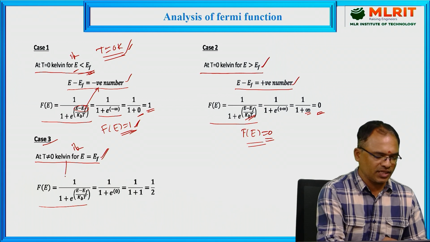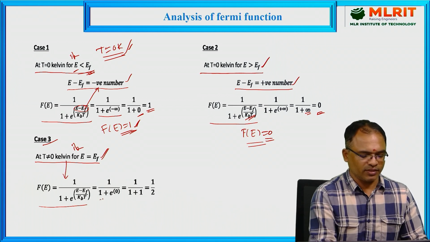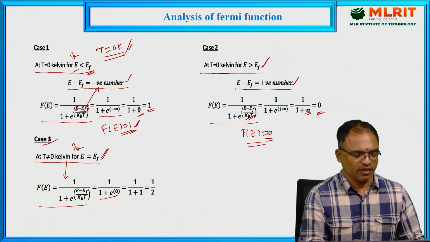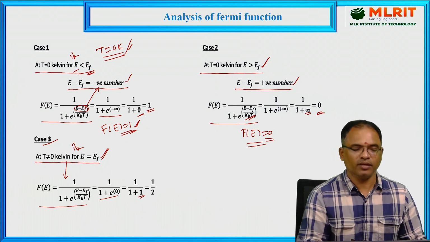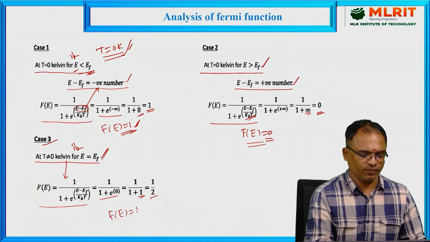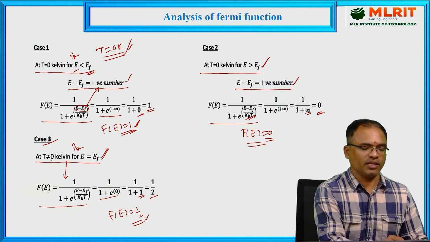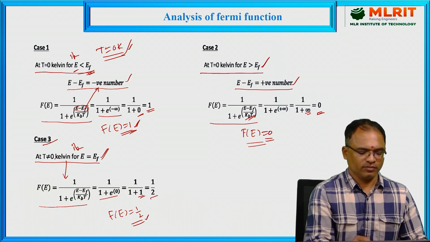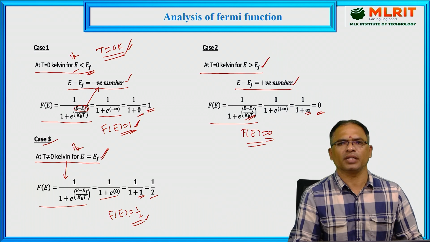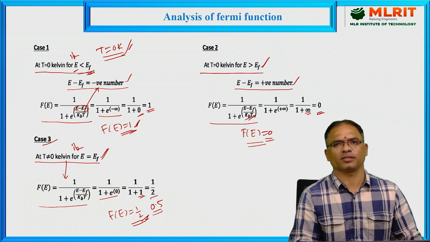Using this condition in the standard expression for the Fermi function, we get 1 by 1 plus e power 0. e power 0 is 1, and finally the occupation probability becomes 1 by 2. How do we understand this value? At any temperature other than 0 Kelvin, the probability of occupation of an electron in an energy level at the Fermi level is half, or 0.5. So that is the third case.